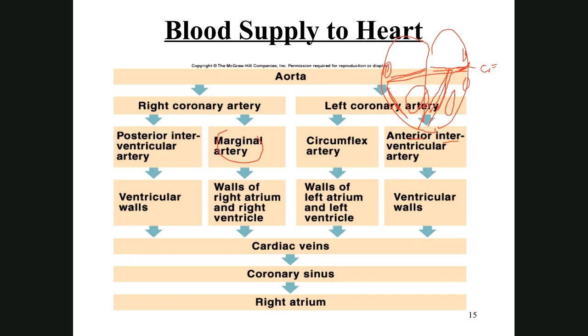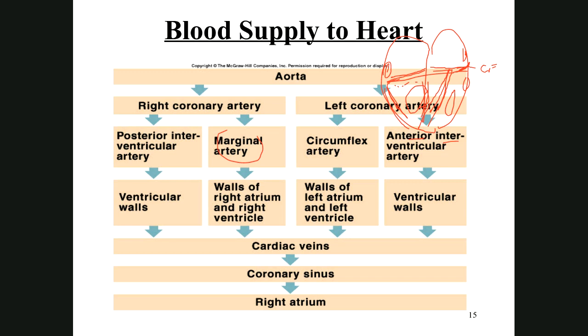And the right coronary artery continues to go in the back to become the posterior interventricular artery, which serves the posterior wall of the ventricle. Now that's the arterial system. Once the blood is brought to this area and the tissue uses that oxygen, it's going to take drainage.